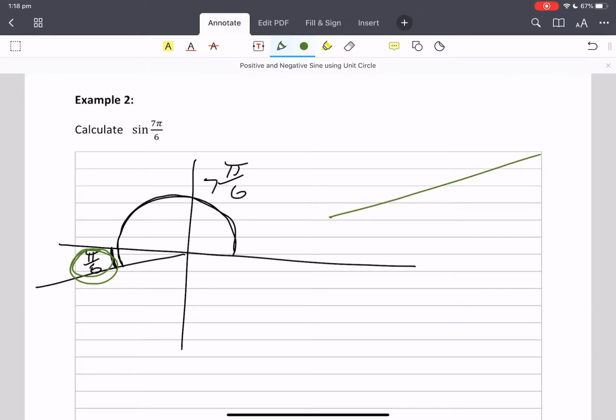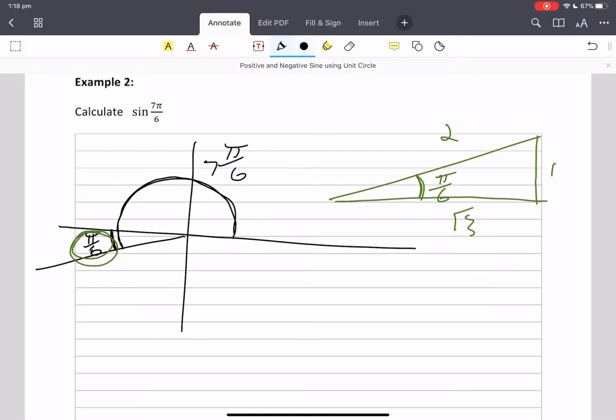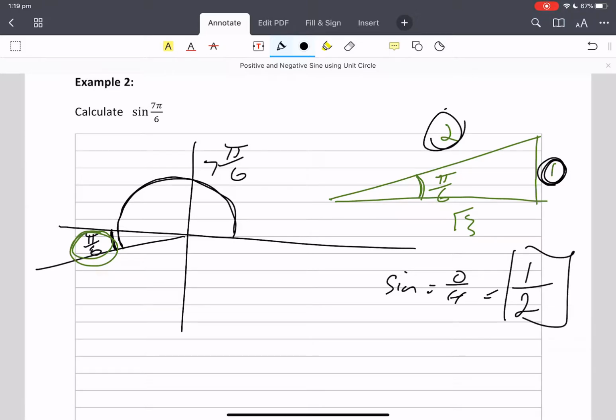So I need to draw pi on 6, 1, root 3, 2. It's another 30 degree, okay. So we know that sine is O on H. So we know our answer is 1 on 2.